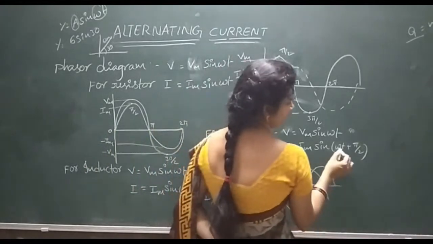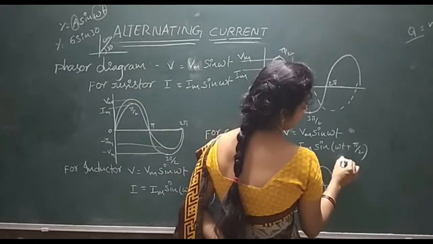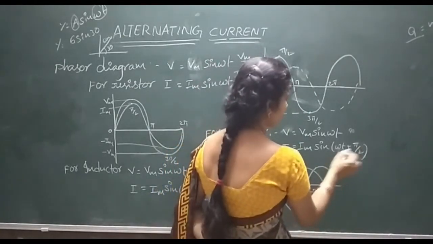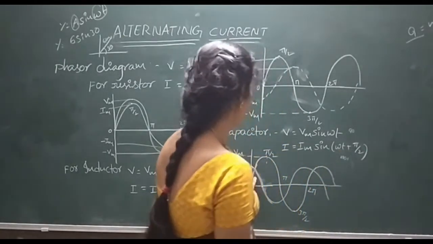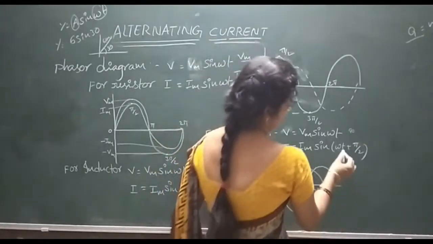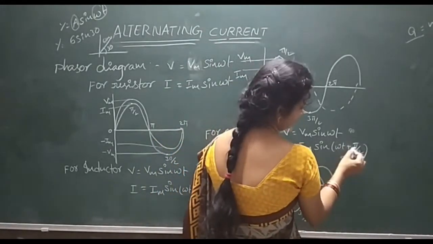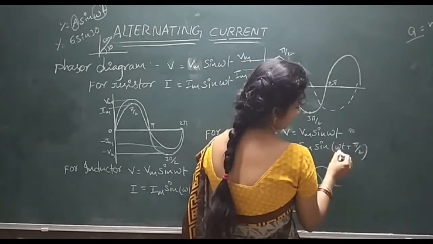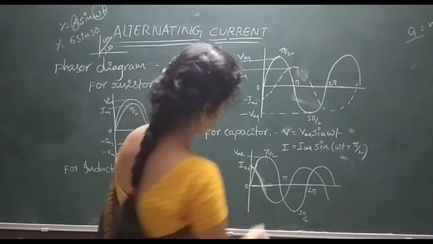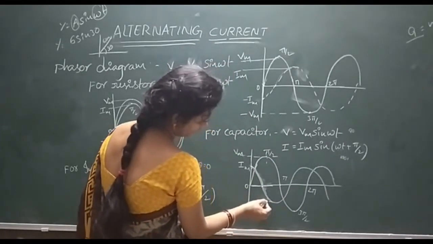After that, 90 plus 90 is 180, and sin 180 is 0. After that, what will happen? If theta is 180 plus 90, that is 270. Sin 270 is nothing but minus 1, so it will be negative.